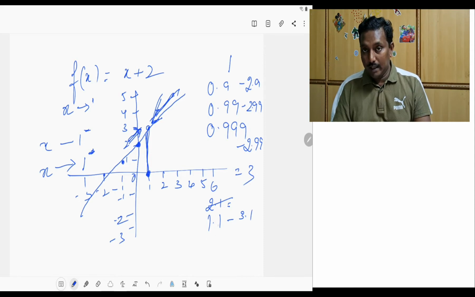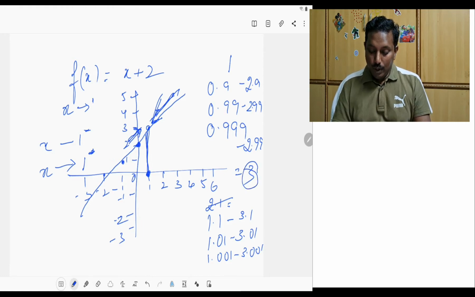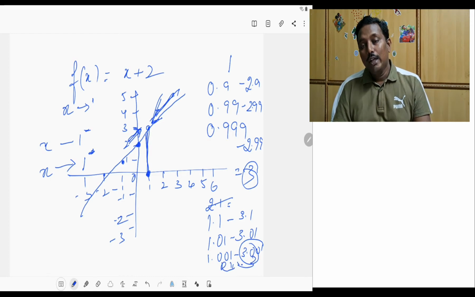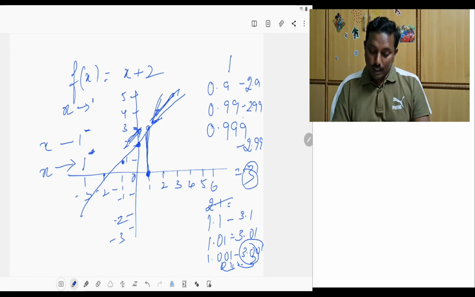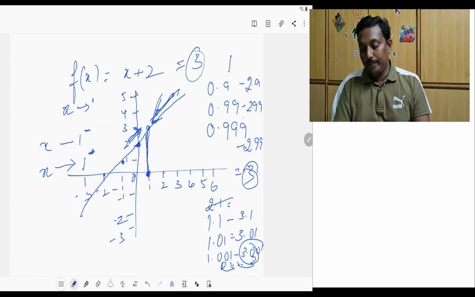Suppose we take a lesser value nearer to 1, 1.01, that should be 3.01. For 1.001, that should be 3.001. So here also it is approaching 3, and here also it is approaching 3. So the right hand sided limit is also 3 here. Through both of these put together, the limit of this function would yield the value 3.